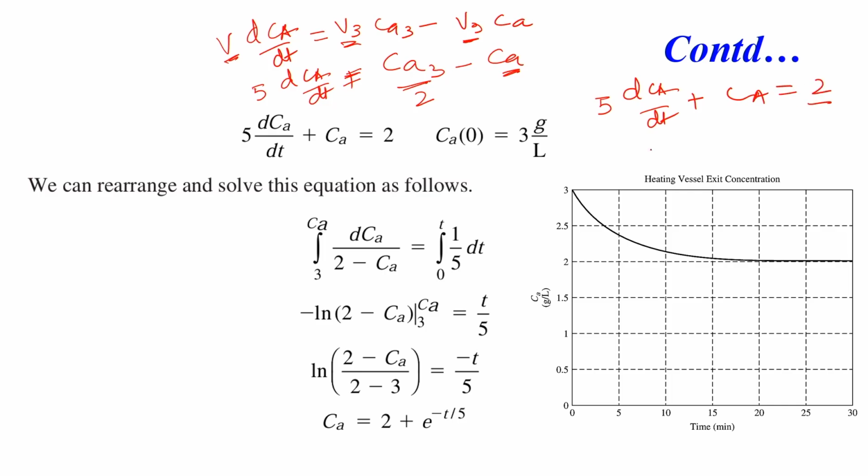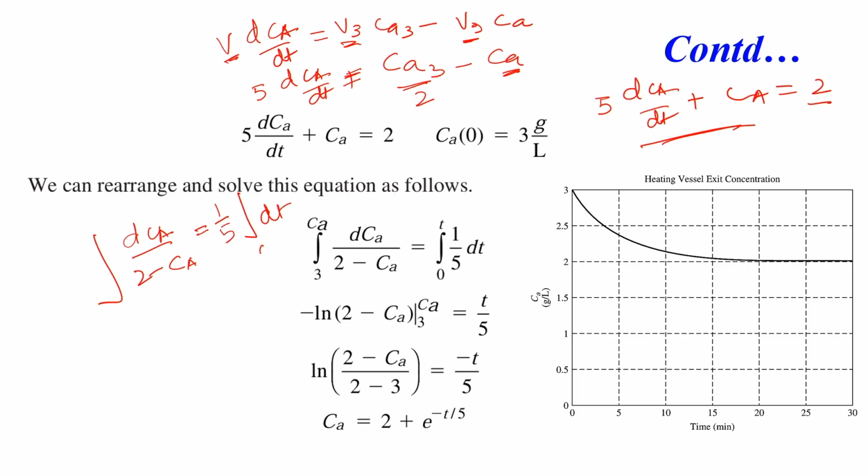Now, we can quickly integrate it to get the solution. So, it will be dCa upon 2 minus Ca, and you can integrate this as 1 by 5 integration of dt.